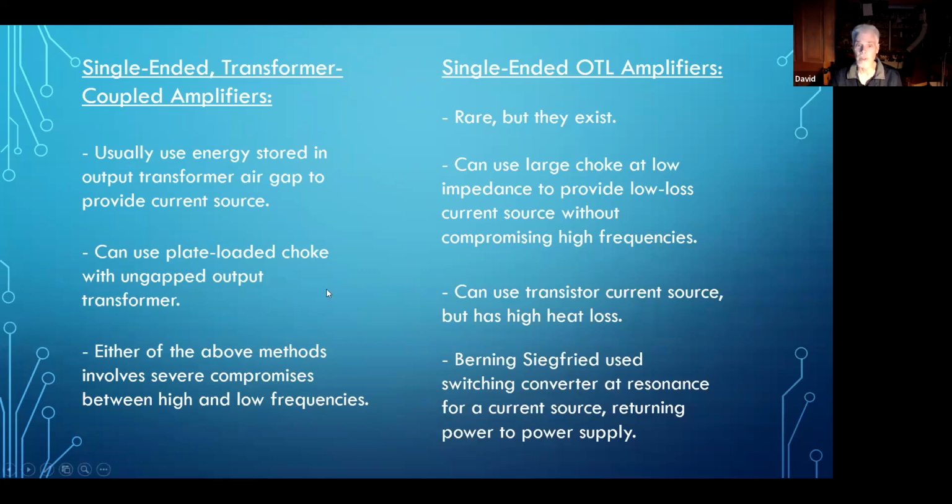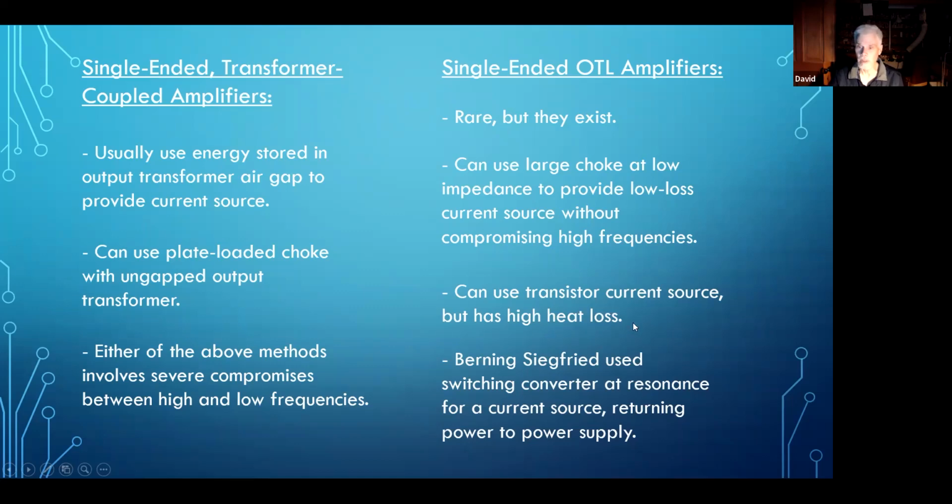The low-frequency effects are equally problematic with all of these. So there's no way around that other than to use a really big, heavy choke if you want good low frequencies. Another way to do it is to use a transistorized current source.